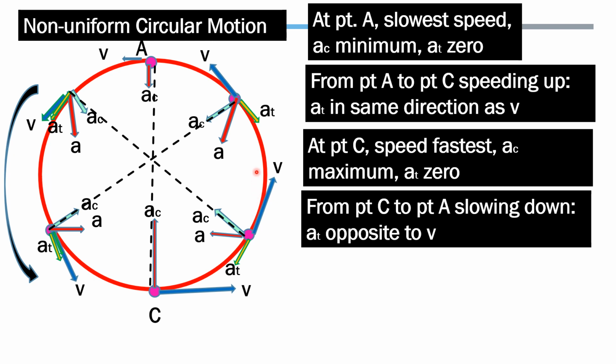So we can therefore come up with a summary of the important concepts for non-uniform circular motion. How do we describe the motion of a body undergoing non-uniform circular motion, such as a ball that is being whirled, an object that is tied to a string and then whirled along a vertical circular path?